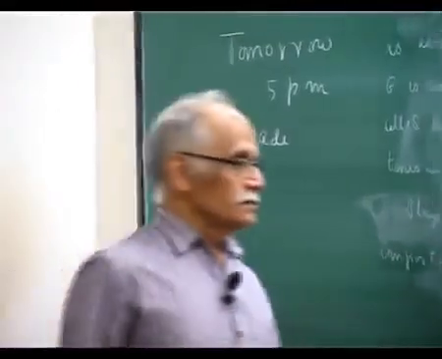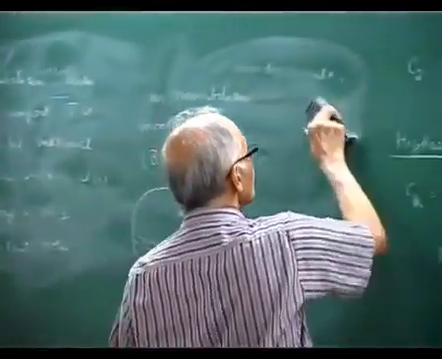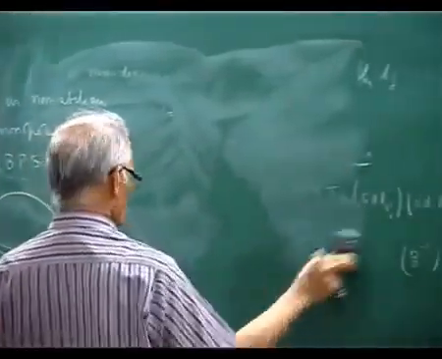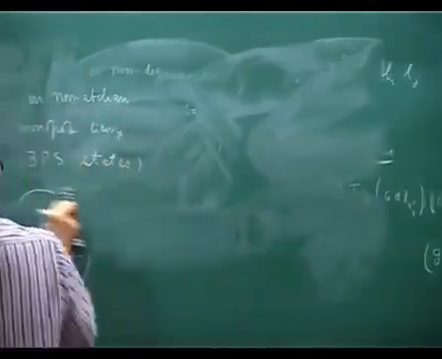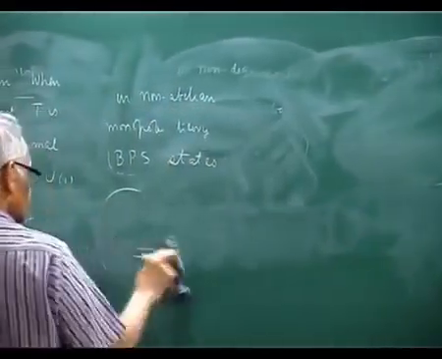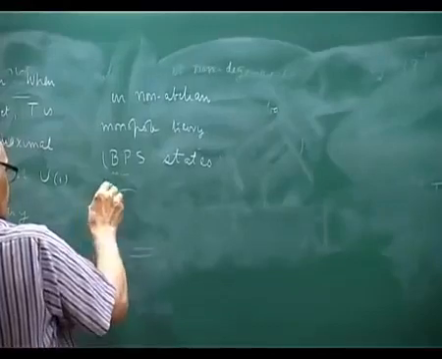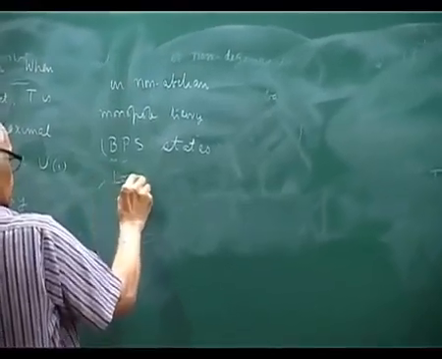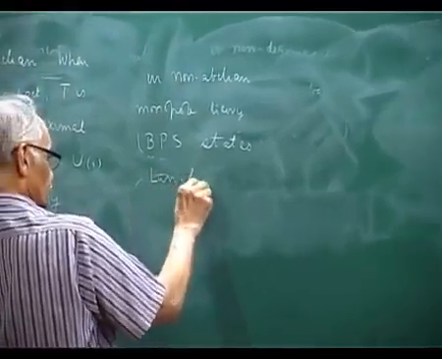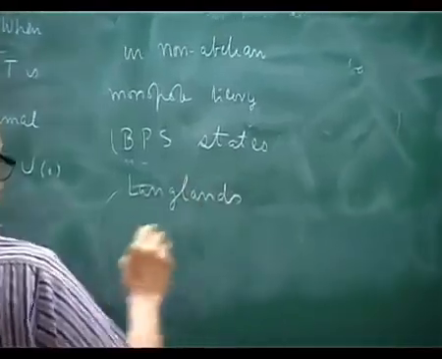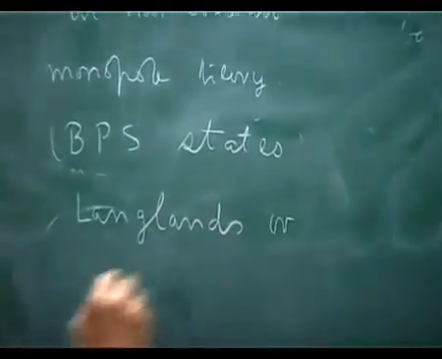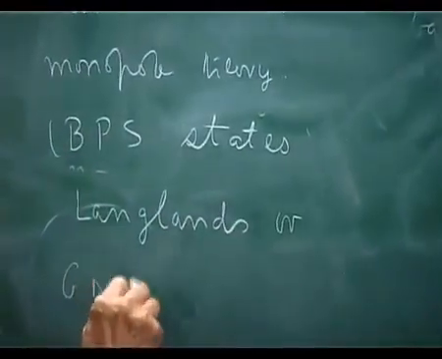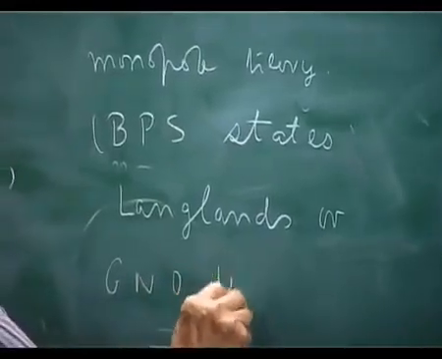So what is it called? Langlands, some strange thing in mathematics. Langlands duality, or GNO, Goddard-Nuyts-Olive duality.